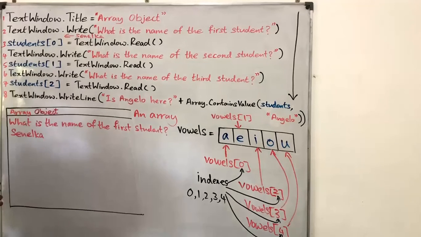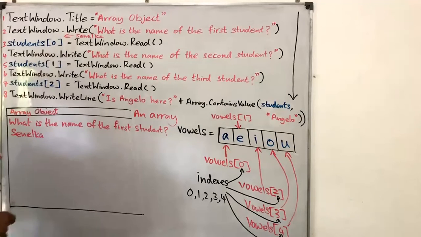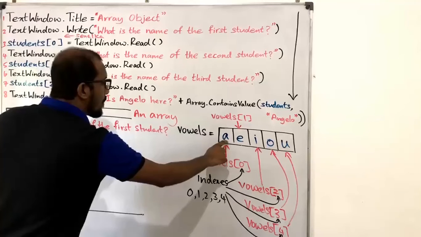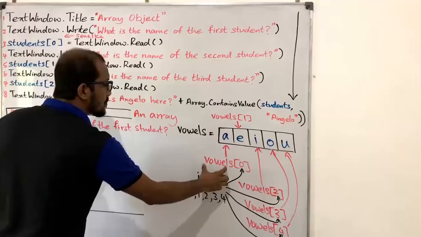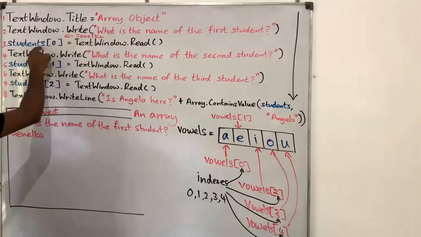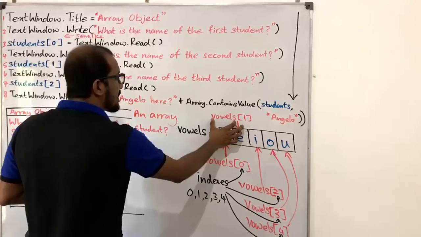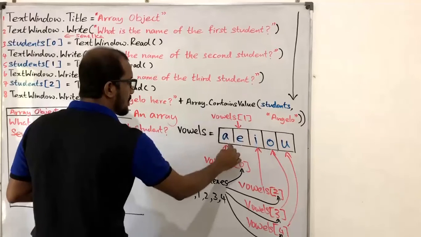Students 0. Normally a variable doesn't have features like square brackets, so this means a value or position from an array. In such a name, the first part is the array name and the second part is the position of the value: 0 position, 1 position, second position, likewise.